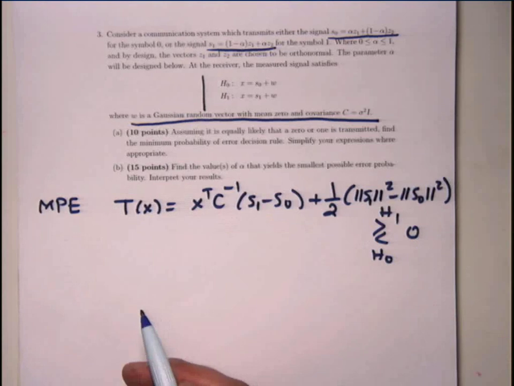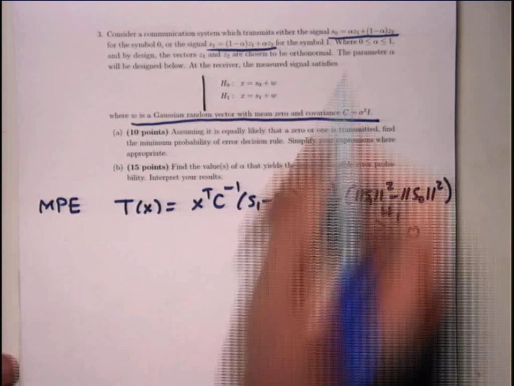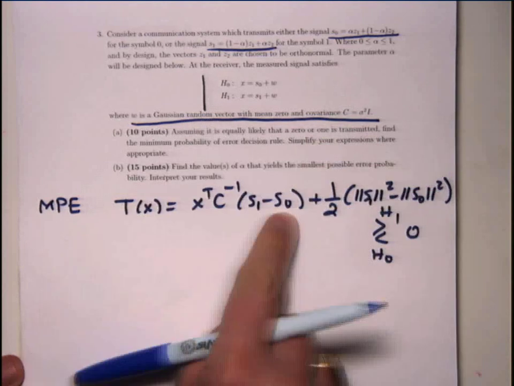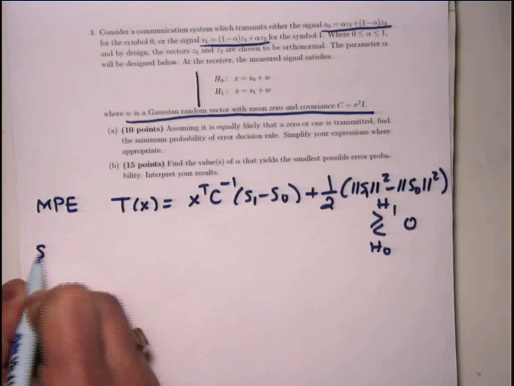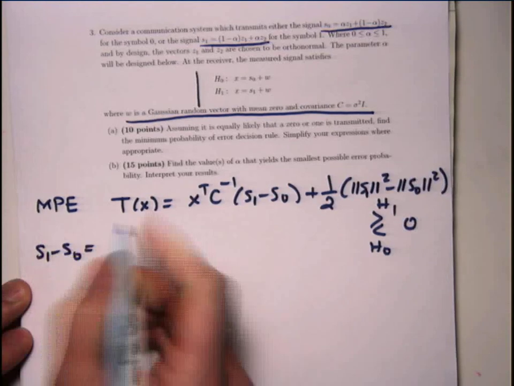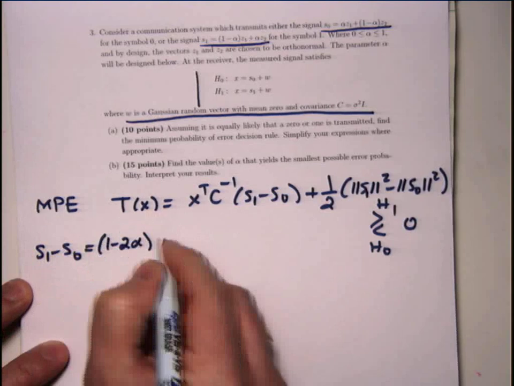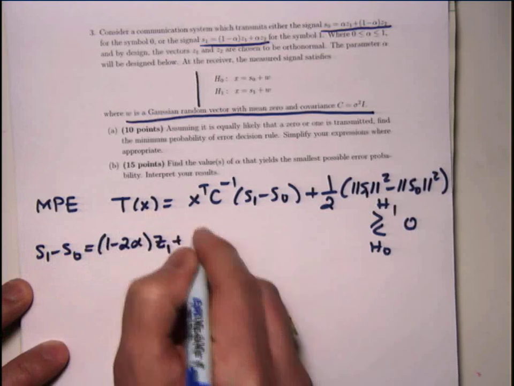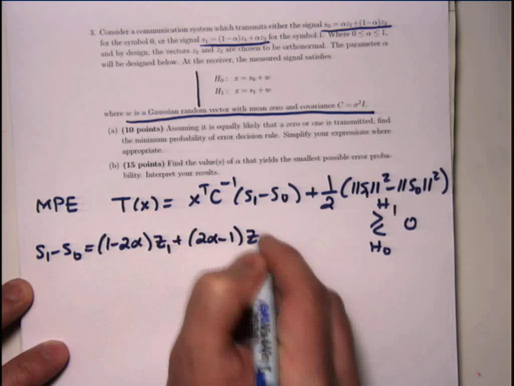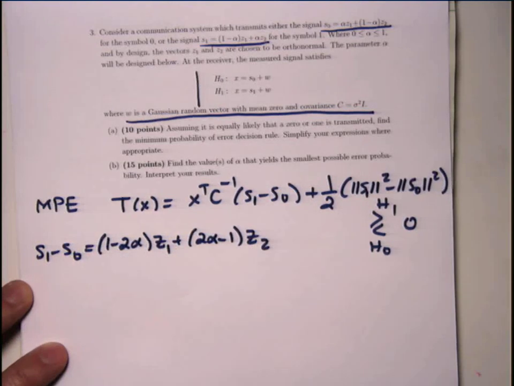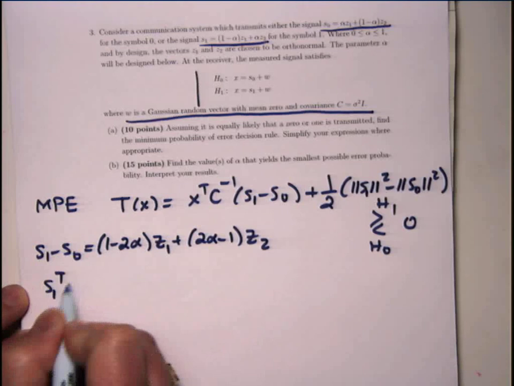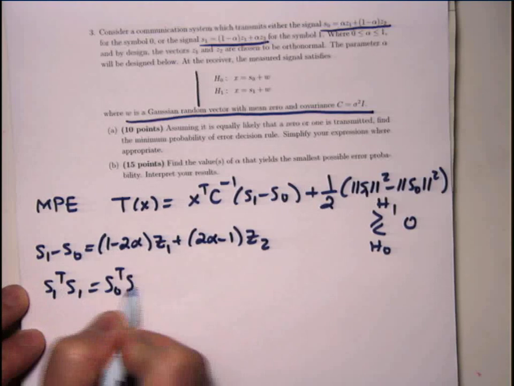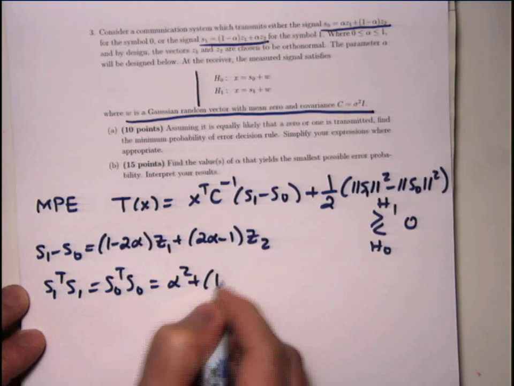Now if you think about what S1 and S0 are, you need to plug in here what S1 and S0 are and simplify and see what you get. S1 minus S0 is 1 minus 2 alpha Z1 plus 2 alpha minus 1 Z2. And S1 transpose S1 is S0 transpose S0, and that's equal to alpha squared plus 1 minus alpha squared.